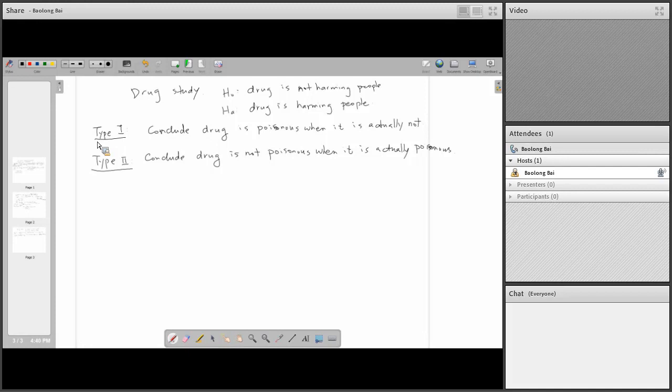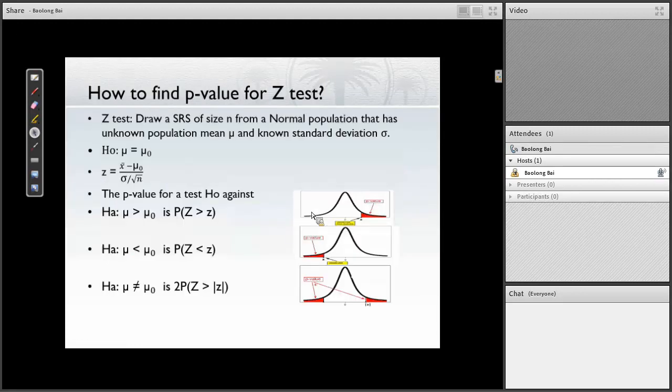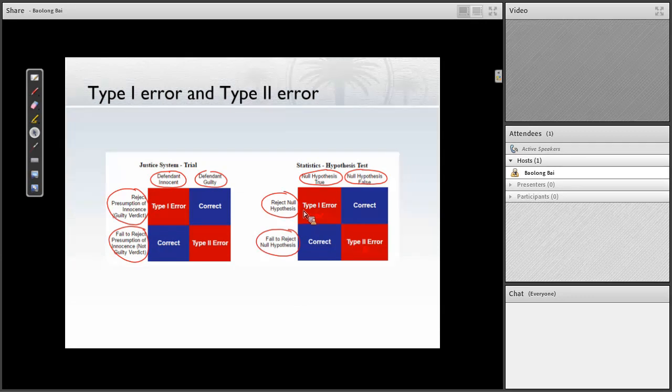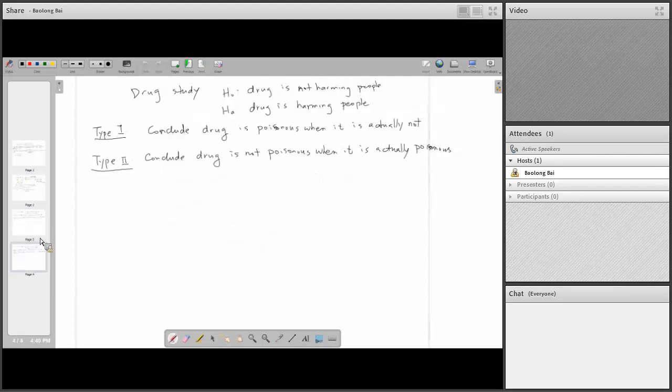Right? So type 1 and type 2 error. And if you look at your two type errors, if you are focusing on type 1 error, you want to reduce type 1 error, that's very easy. All you need to do is choose a small alpha.